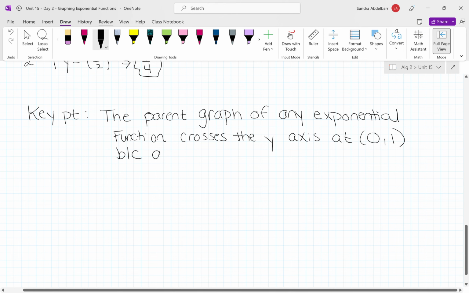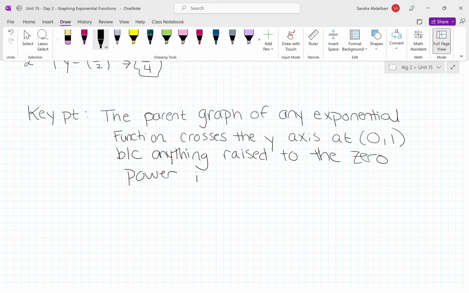Because anything raised to the 0 power is always 1.